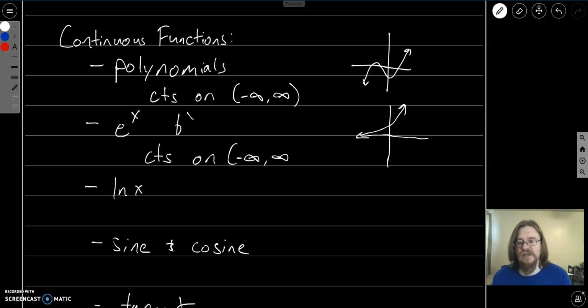And in fact, if you take b to the x power, it doesn't matter which one you're looking at. Natural log of x. This one we have to be a little bit careful of, specifically because the natural log is not defined for some numbers, but the natural log looks like this. And one of the nice things is that the natural log and the exponential function look exactly the same.